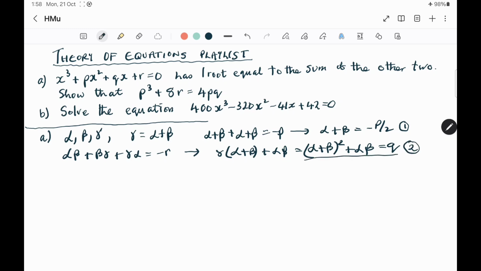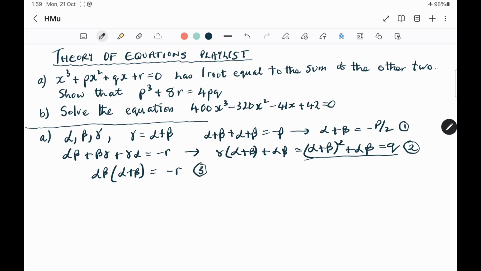And the third equation will use the product of the roots. So alpha beta times alpha plus beta equals minus r. And that's equation number 3.